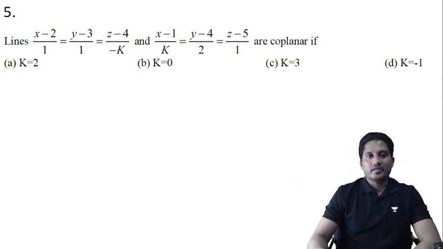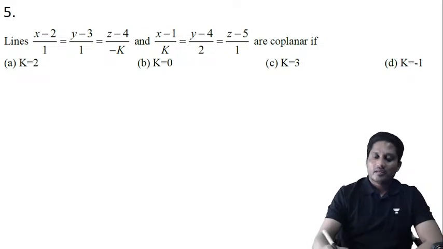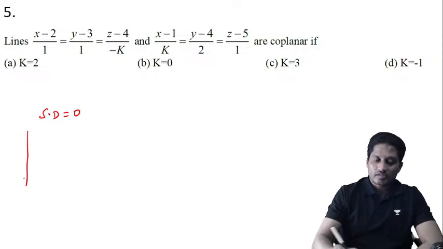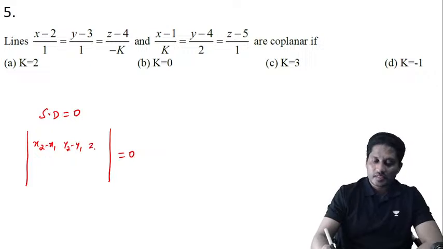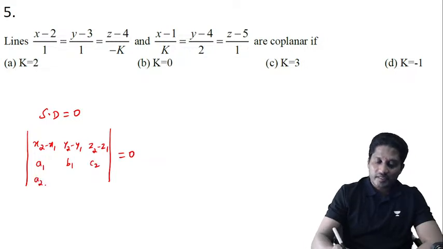Question number 15. If the lines are coplanar, whenever lines are coplanar, the shortest distance is equal to 0. So this determinant is equal to 0: x2 minus x1, y2 minus y1, z2 minus z1. DRs of the first line are a1, b1, c1, and DRs of the second line are a2, b2 and c2.